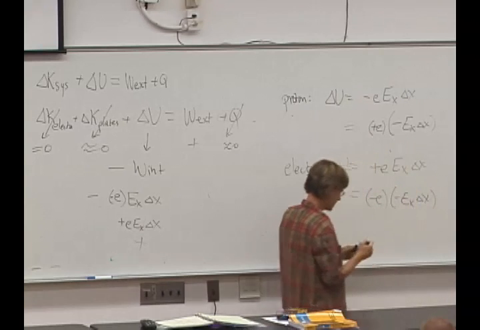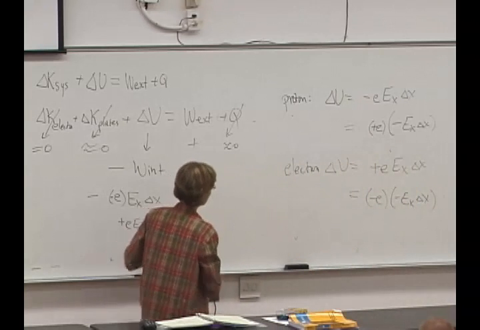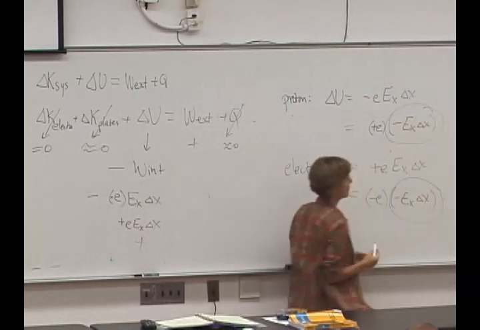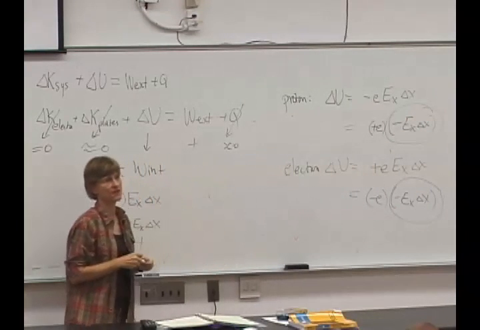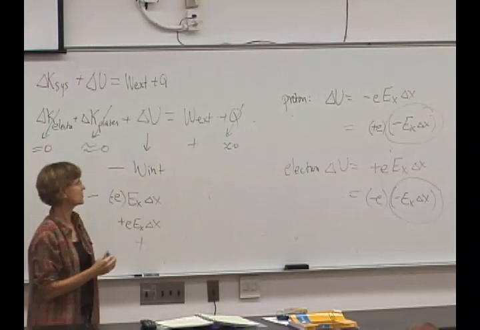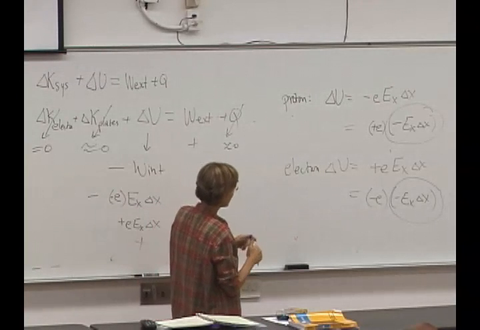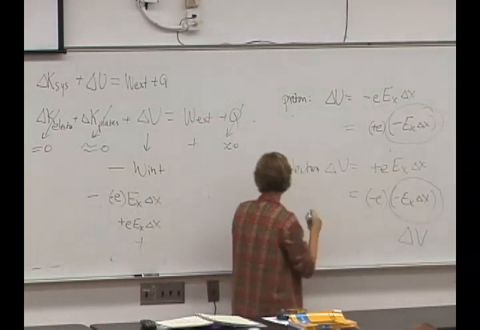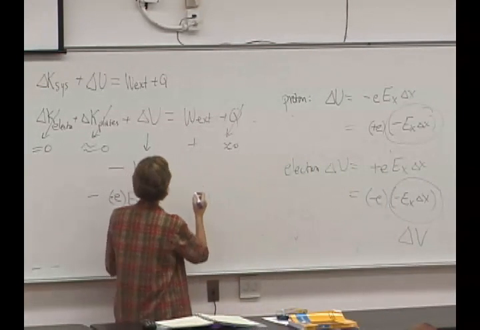And so in both cases, the thing that's the same actually is this thing, that minus E_x delta x thing. And that's the thing that's called the change in electric potential.